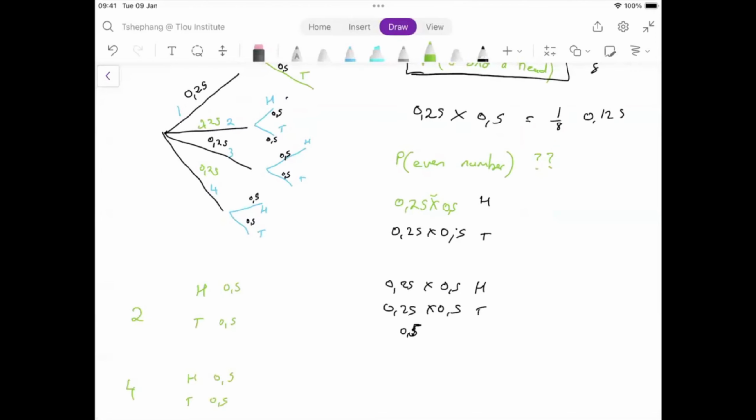These are the even numbers. 2 multiplied by 0.5 for the heads, plus 2 multiplied by 0.5 for the tails. We're going to have to do the same thing for the 4. 4 multiplied by 0.5 for the heads, and 4 multiplied by 0.5 for the tails. And then you have to add everything up. So this is for 2, and this is for the 4. I'm hoping it's clear now.